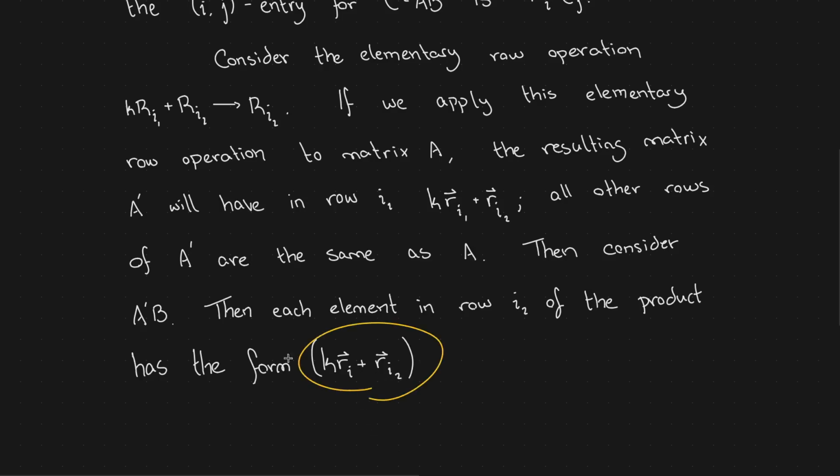So I take this row from A prime, because that's the row I sub 2 after the elementary row operation. And I'm going to take the dot product of that with a column in matrix B.